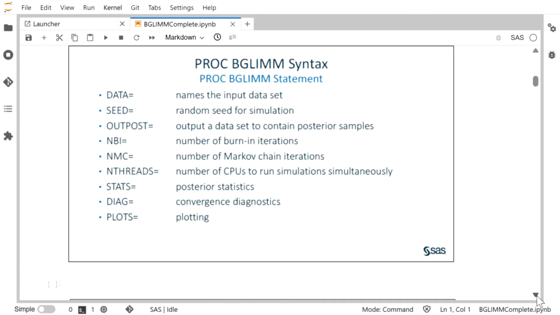All. Stats equals all, diag equals all, plots equals all. That is going to give you everything that you can get. Trust me, be prepared. It's going to give you a nice collection of items, but trust me, they're there for a good reason.